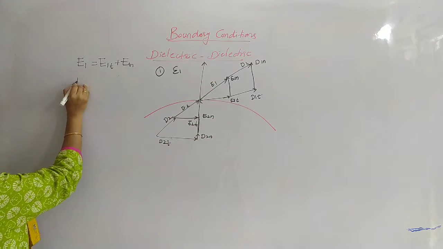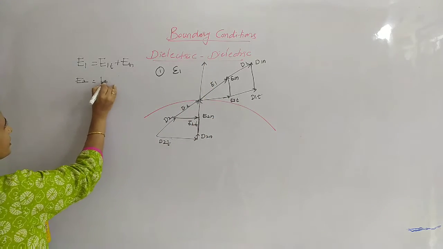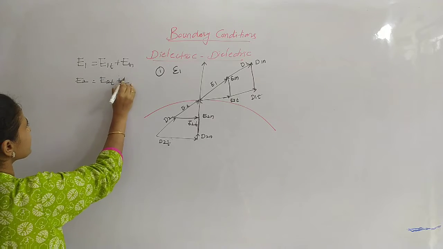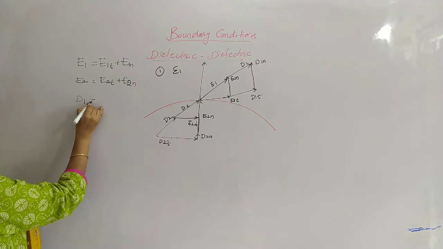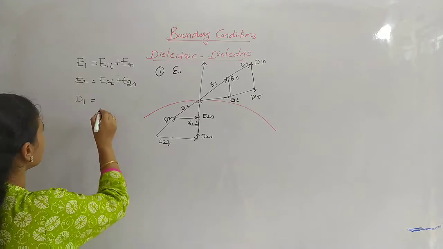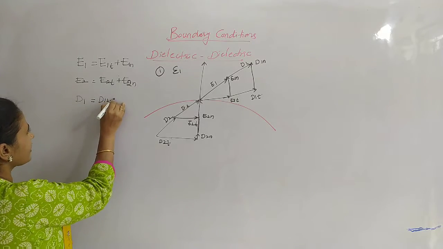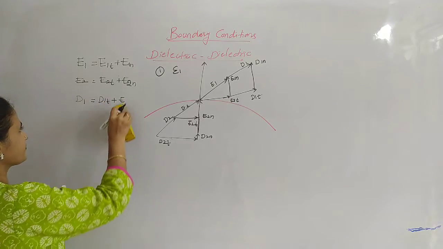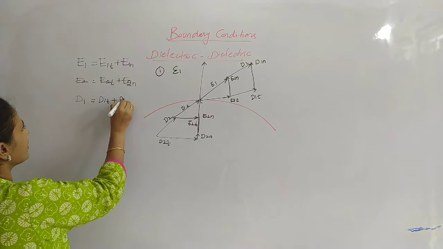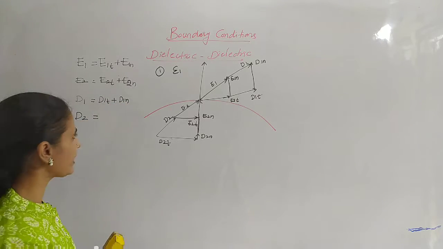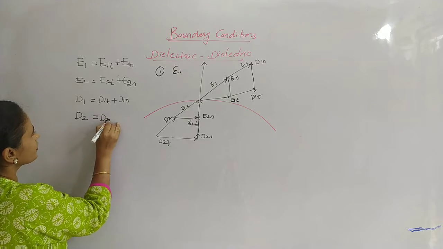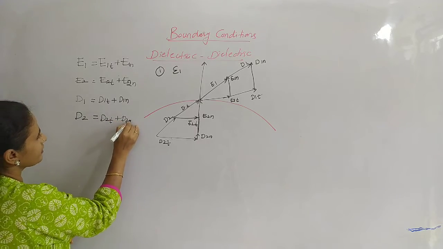In the same way, E2 also can be resolved into tangential plus normal components. The flux density in the first medium can also be resolved into tangential and normal components, and the flux density in the second medium as well.